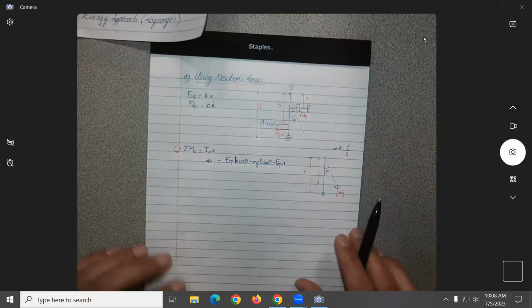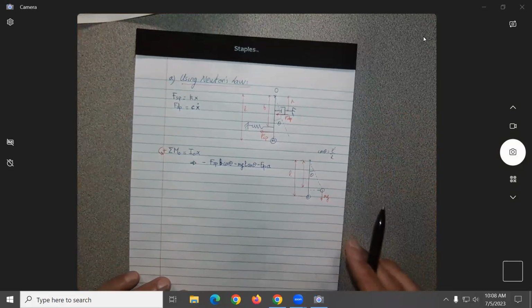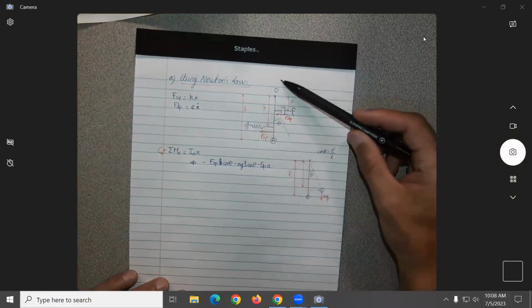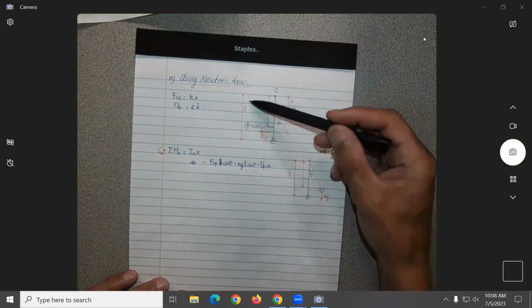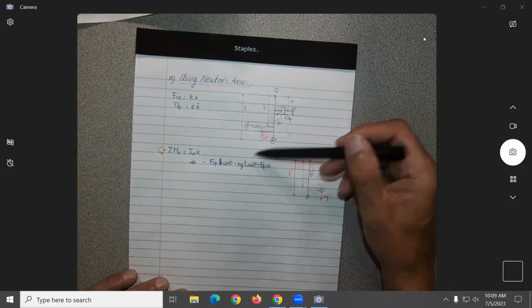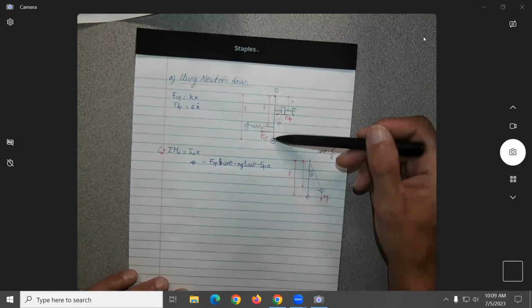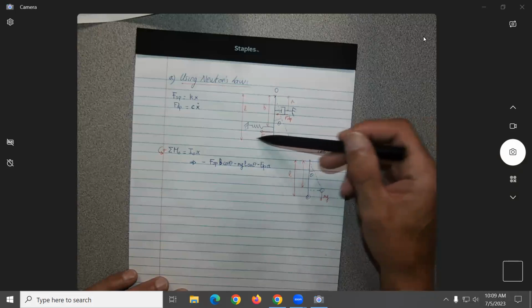Oh wait, did I make mistakes here? Sorry, let's just rethink this. So minus F spring, L cosine, okay. Now this one we did mg, L sine, because we're looking at that distance, no?